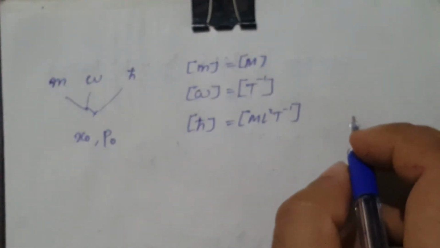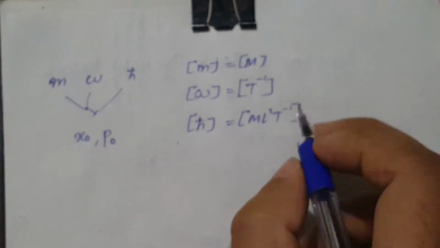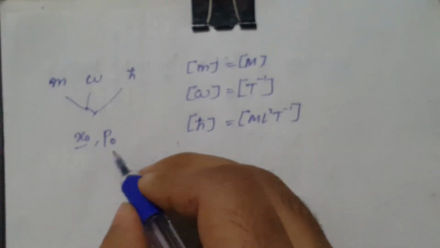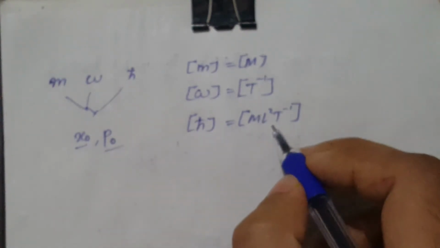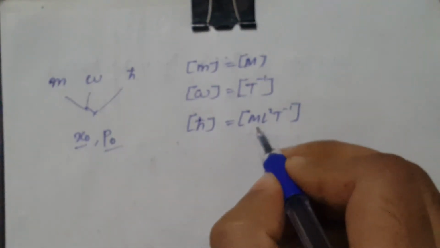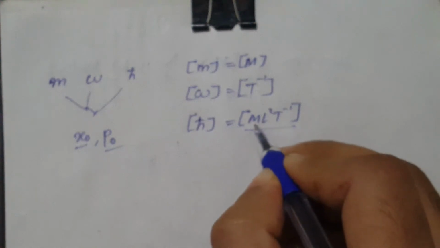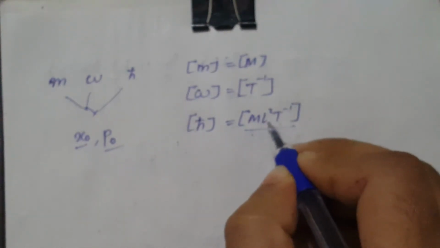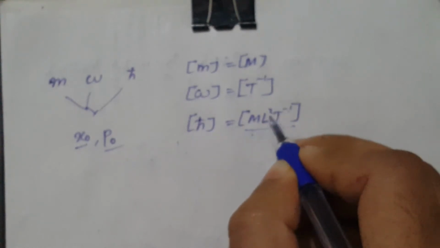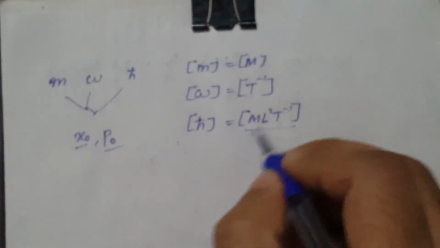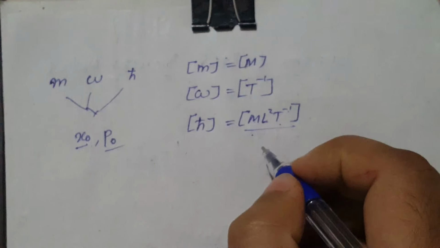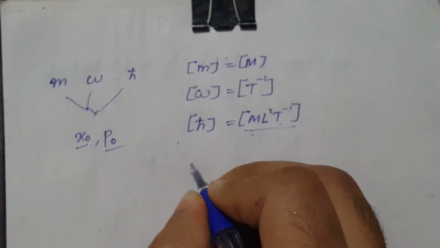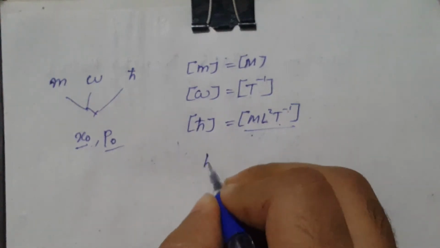Now what do we need? We need something having the dimension of position and something having the dimension of momentum. Look here, in this term, if we divide by M and divide by T raised to minus 1, we will get something having dimension L square. Then if we take the root of that, we will get the dimension of length, that's x0. So take h cut.